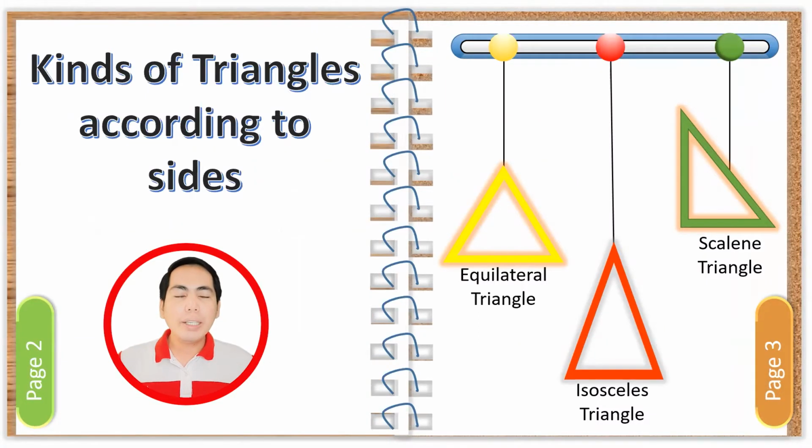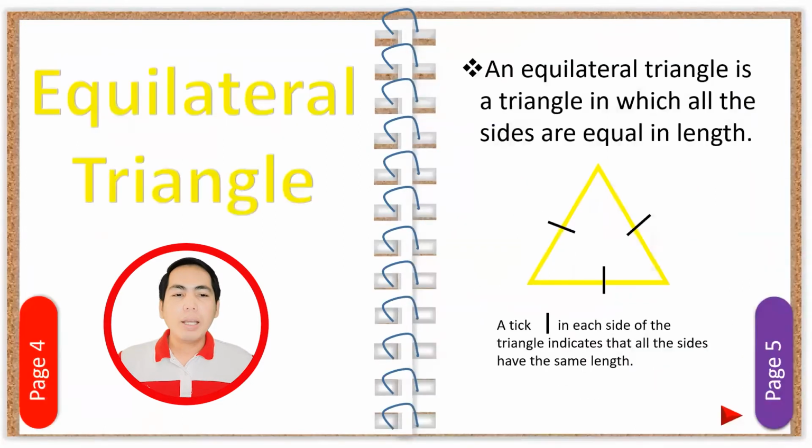We have here the different kinds of triangles according to sides. We have equilateral triangle, isosceles triangle, and scalene triangle. Let's have the equilateral triangle. An equilateral triangle is a triangle in which all the sides are equal in length.